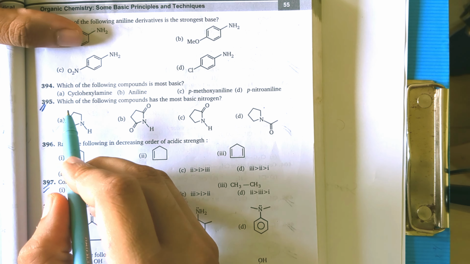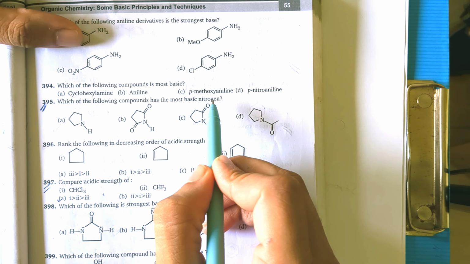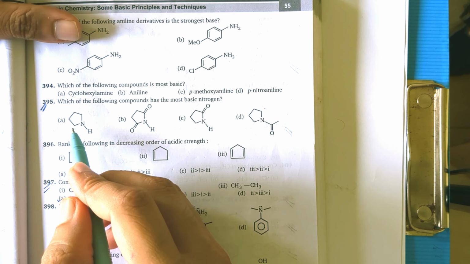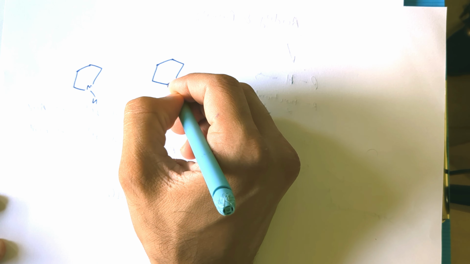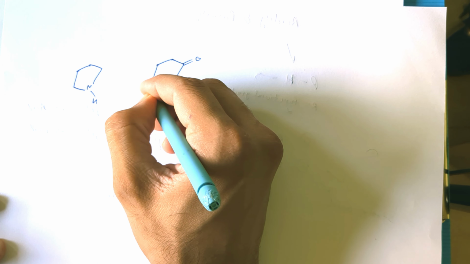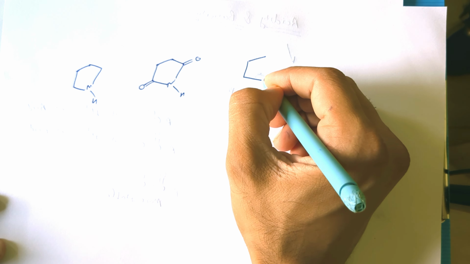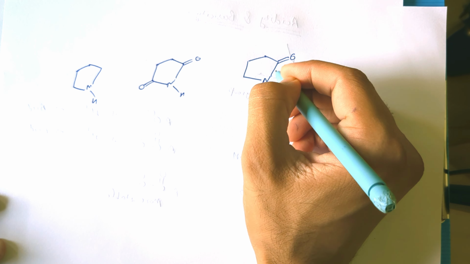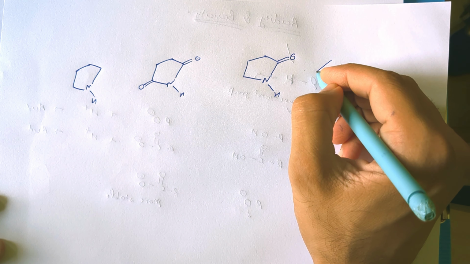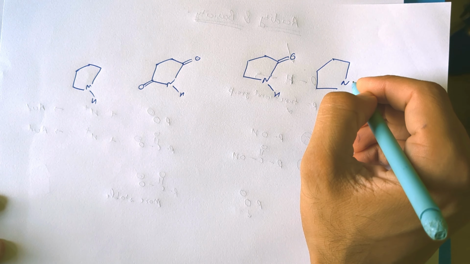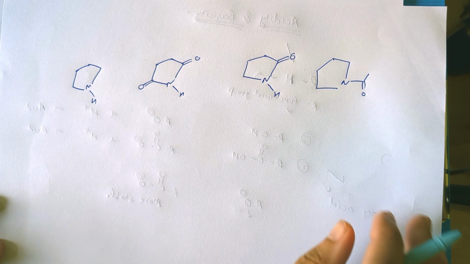Now we have the 395th question. Which of the following compounds has the most basic nitrogen? First we have, second, okay.